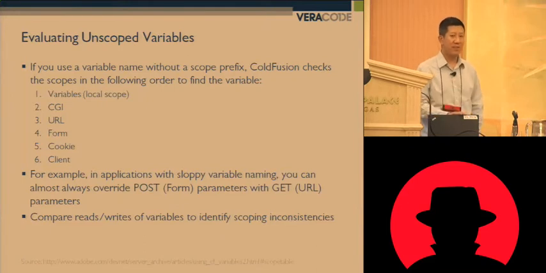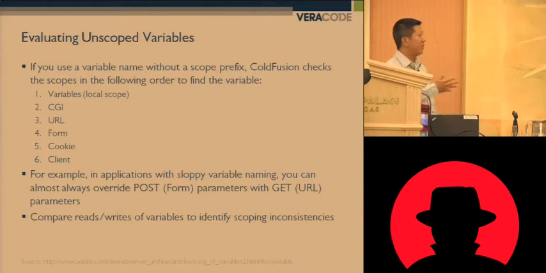Like if you're inside a query loop, for example, that falls in earlier in the search order. But these are the important ones, like CGI, URL, form, cookie, client. Those are the ones that are most often tainted.